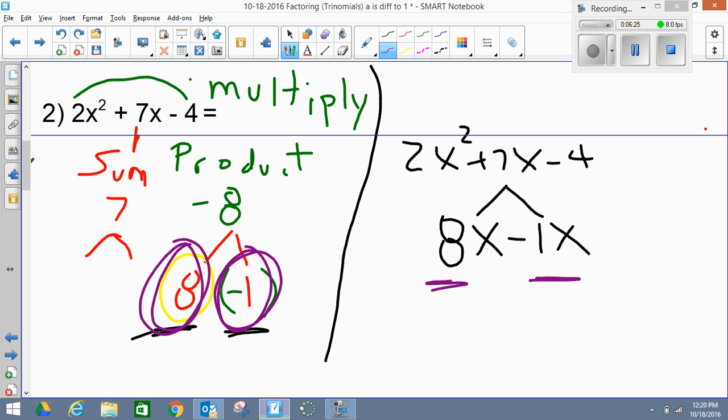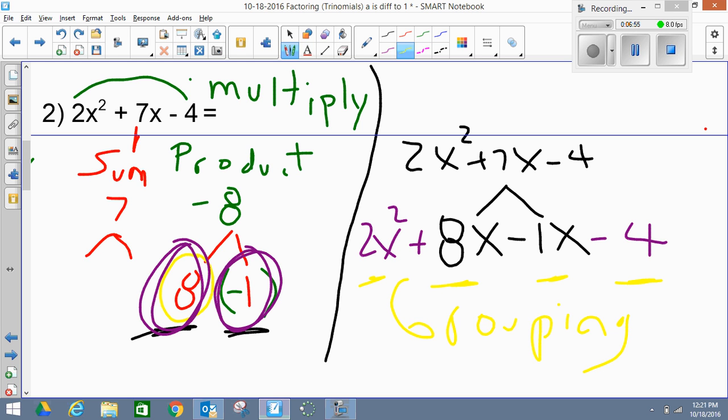Now, if you double check, 8x minus 1x is 7x. So now I just bring down the other two values. I'm going to bring down the -4, and I'm going to bring down the 2x squared. And I have 4 terms: 1, 2, 3, 4. So I'm able to use grouping.